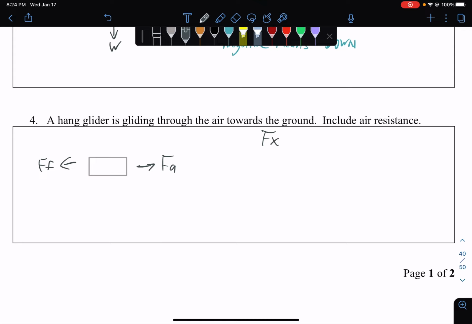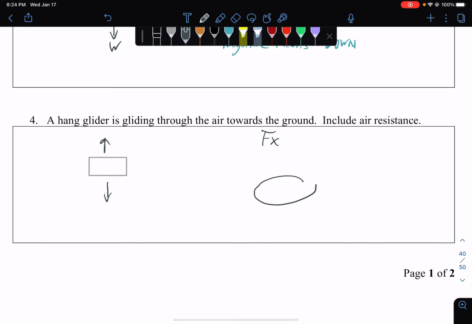But then there's no friction. The object has no contact with the Earth's surface, so I'm not sure if f of a and f of f are involved. But for sure, since there's gravity that pulls the hang glider down, even though it's able to glide, it just basically slows the speed of falling.